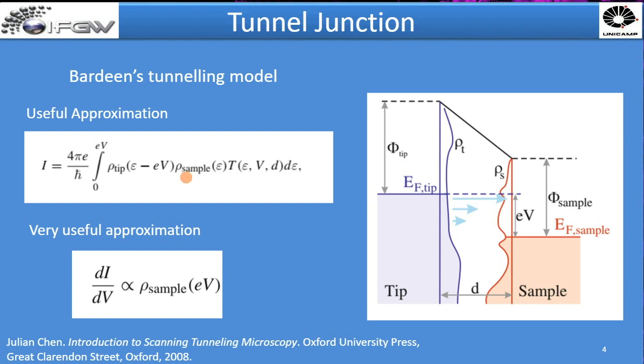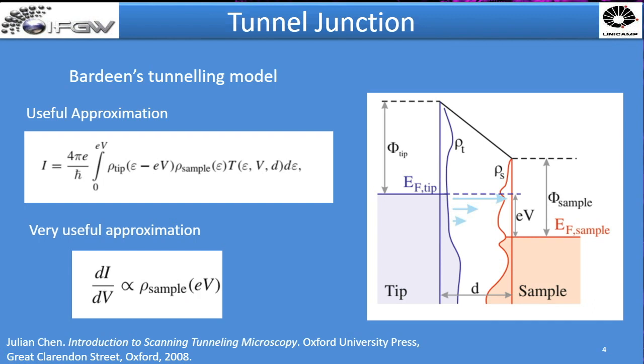And also there is a matrix transfer that tells how one relates to the other. And there is an interesting approximation that when you divide the current by the voltage, you end up with, under some assumptions, only the density of states of the sample. So that's a direct tool to study both the occupied and unoccupied states on the sample.